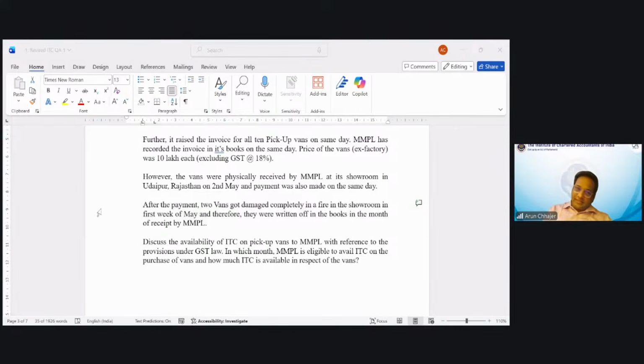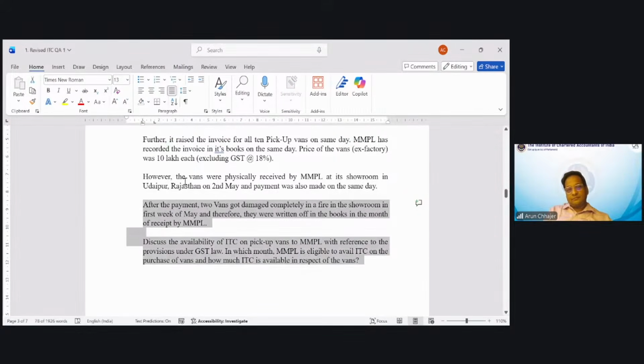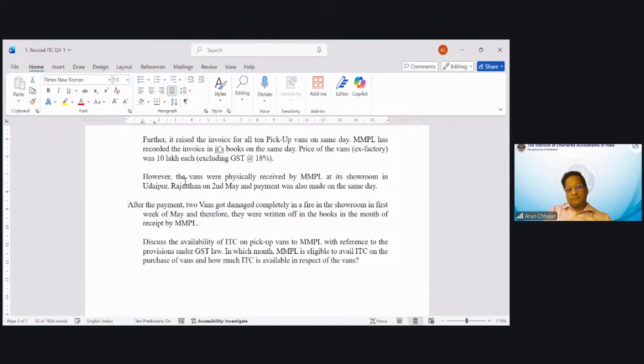ITC reversal. Can you tell me the amount of ITC reversal? Quickly tell me the amount.